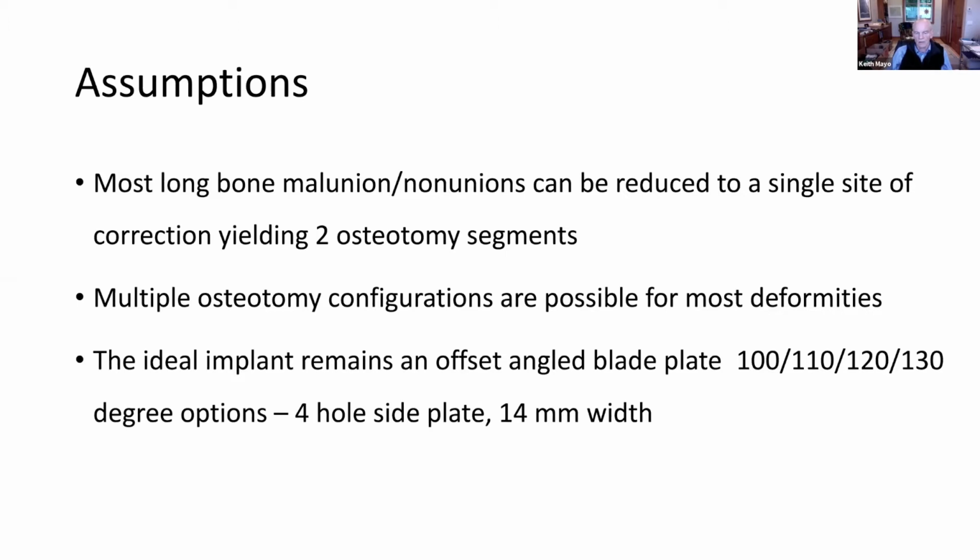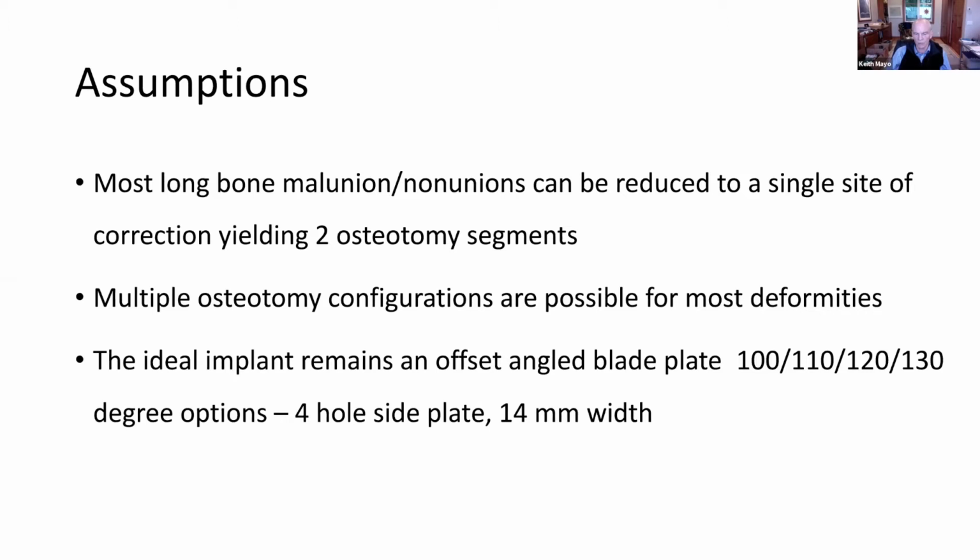Probably the least well accepted of the assumptions is that, despite the fact that it's 50 years old, the angled offset blade plate at either 100, 110, 120, or 130 is the ideal implant for deformity correction in the proximal femur. The restrictions with that, which you all need to be aware of, are that there's only a 4-hole side plate, and the width of the blade is 14 millimeters.